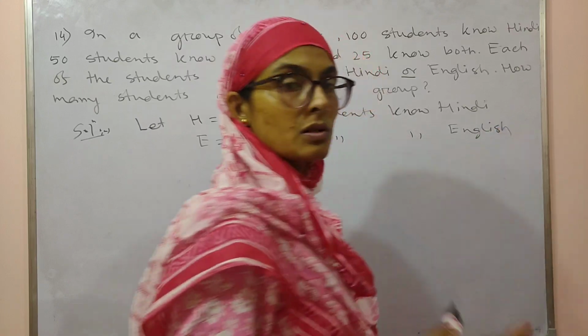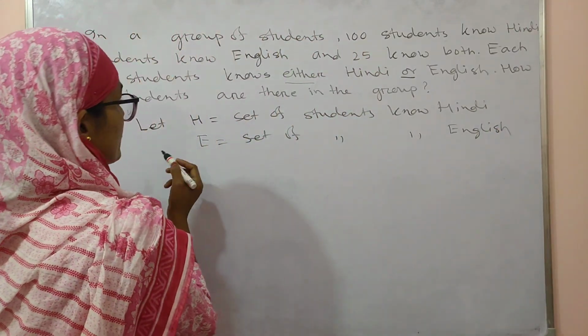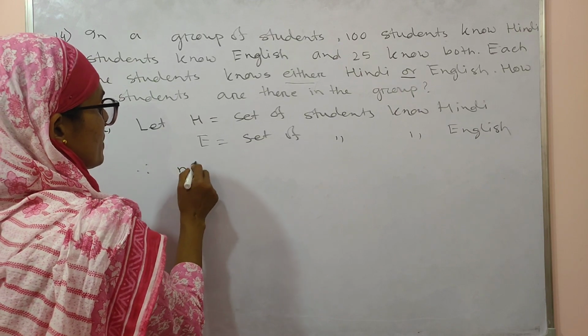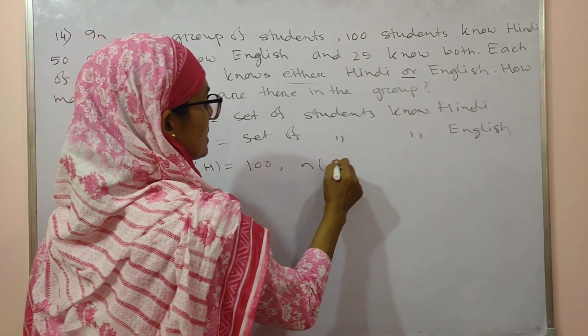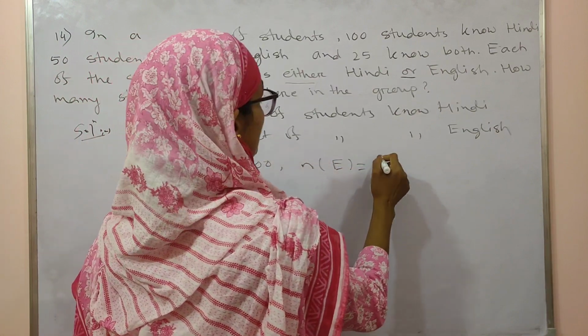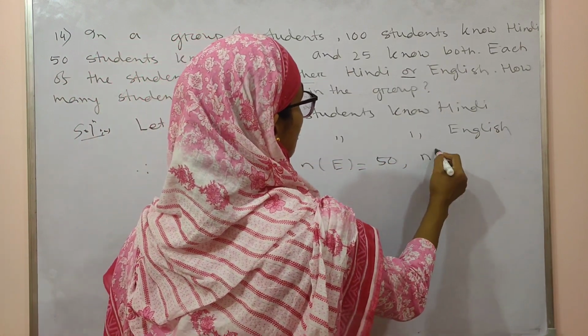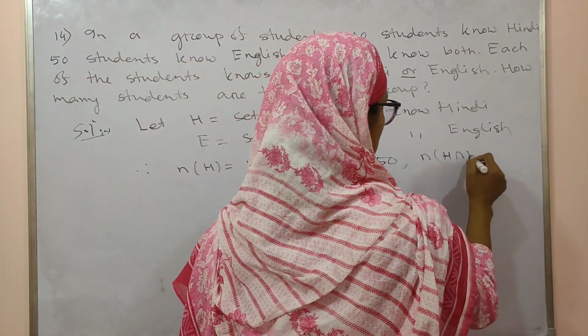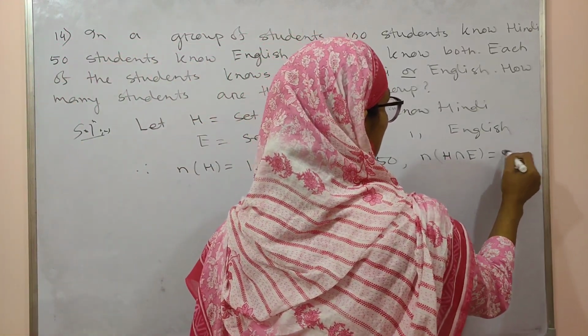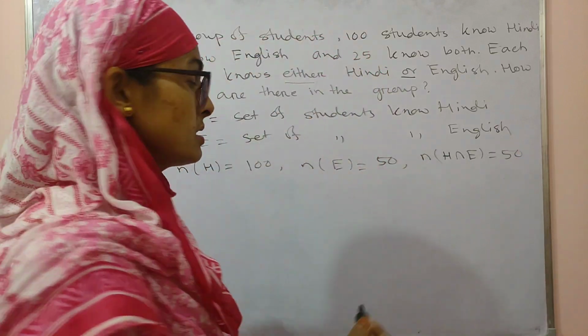You can write A, B also. Therefore, number of A is given 100, number of E 50. 25 know both. That means A intersection E equals 25. You have to find the union.